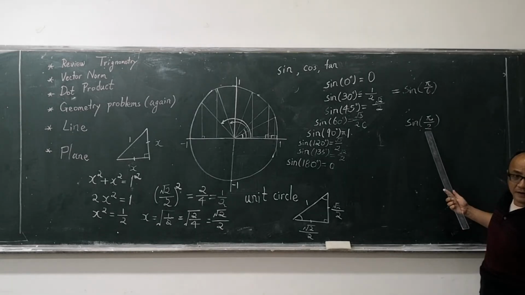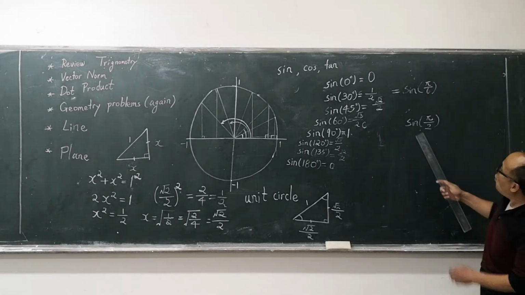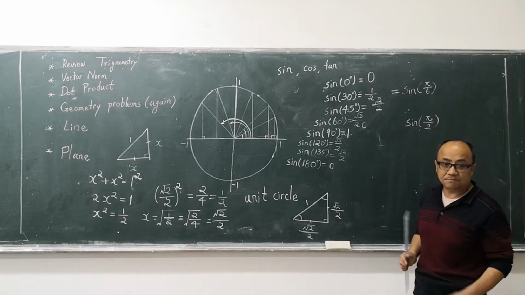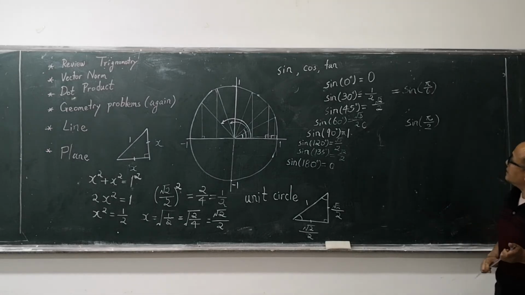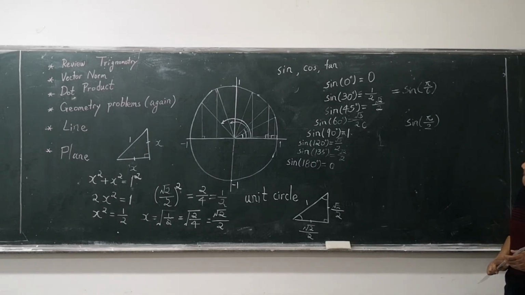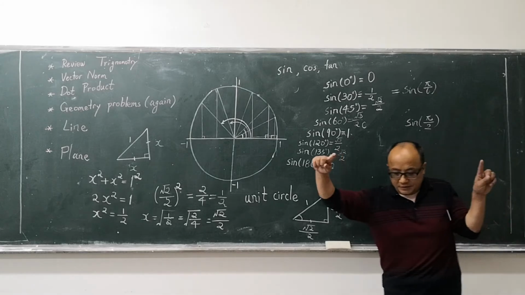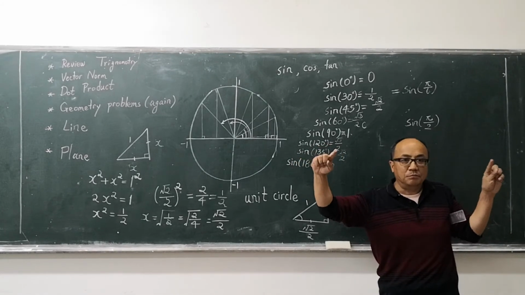So why is there a sine? Later we will talk about the cosine term. So what does this mean? It's the same as the analogy of two fingers pointing at the same moon.